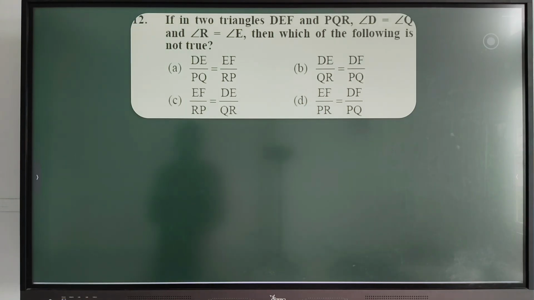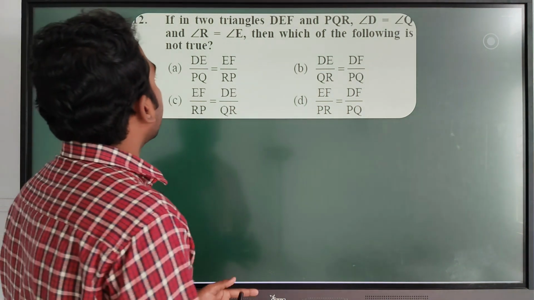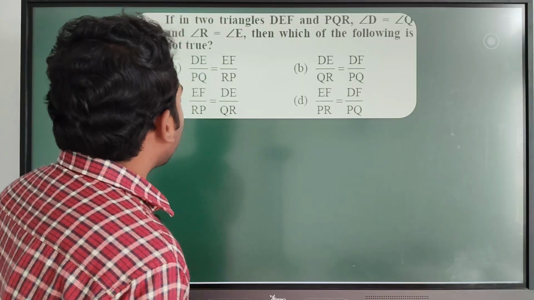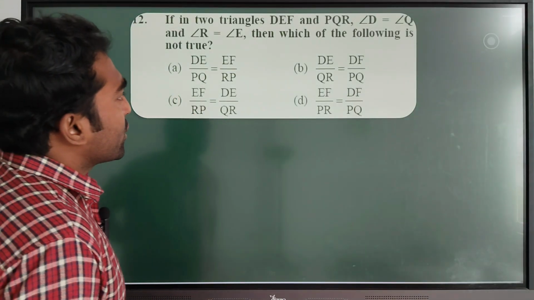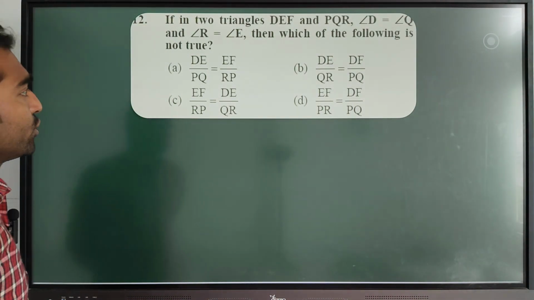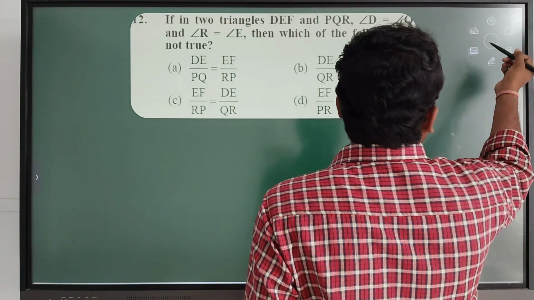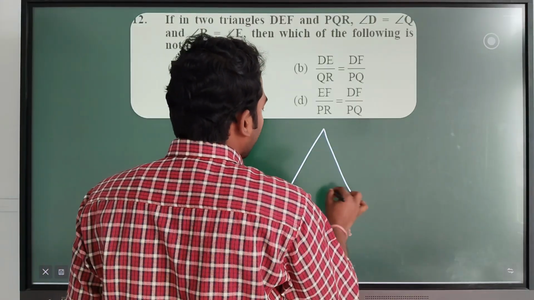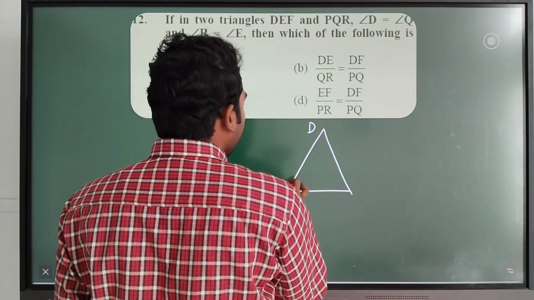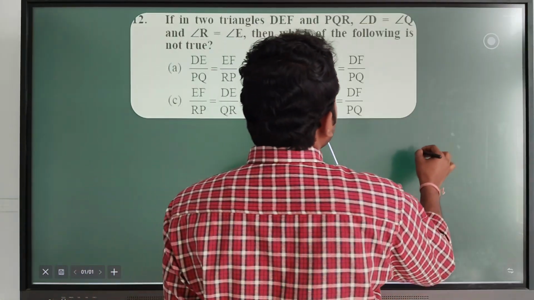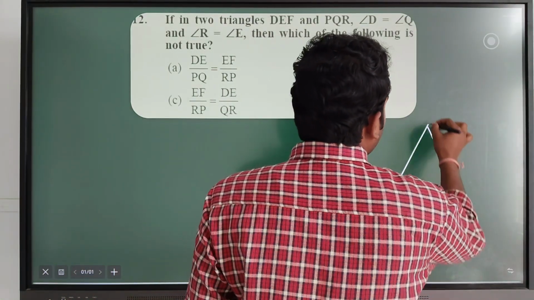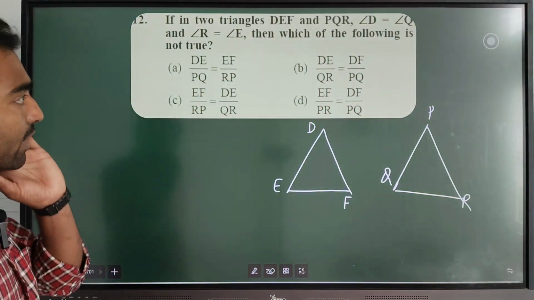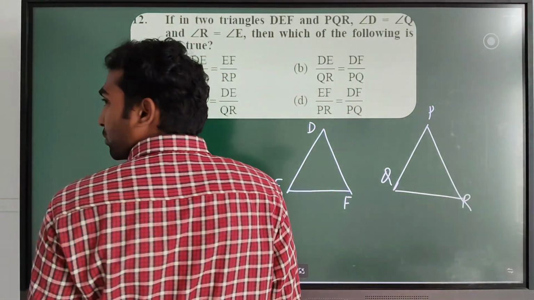Okay, it's clear. So the question is that, if in two triangles DEF and PQR, angle D is equal to angle Q and angle R is equal to angle E, then which of the following is not true? Okay, so let us check. Let the first triangle be DEF and the second triangle be PQR. So what is given?